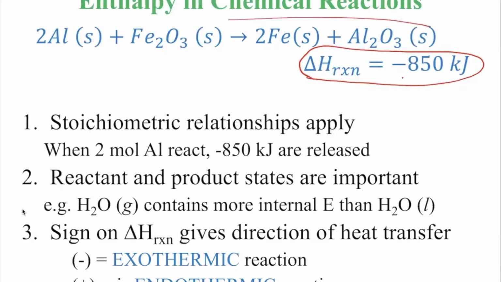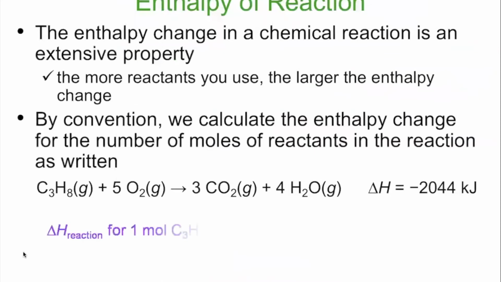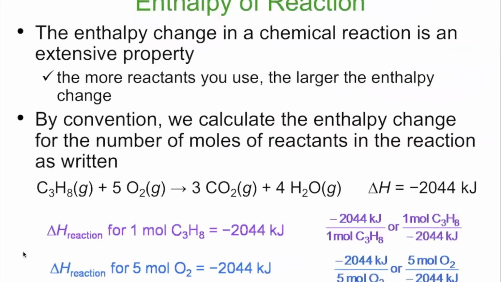We are going to use this equation and use stoichiometry to make relationships that are going to help us. For example, notice here, this equation says that for every reactant that I react, assuming you have everything else, you're going to generate that much heat.